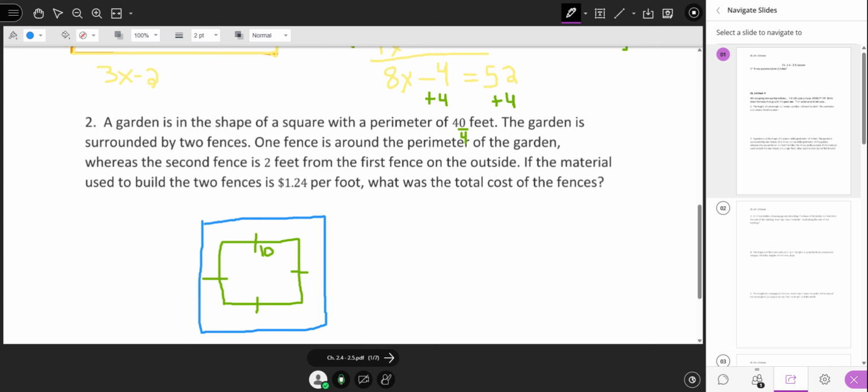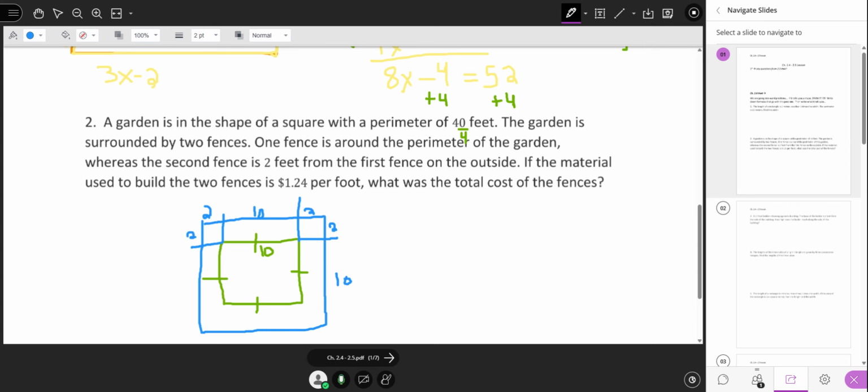In other words, watch this. 2 feet, 2 feet, 10 feet. Two feet, 2 feet, 10 feet.